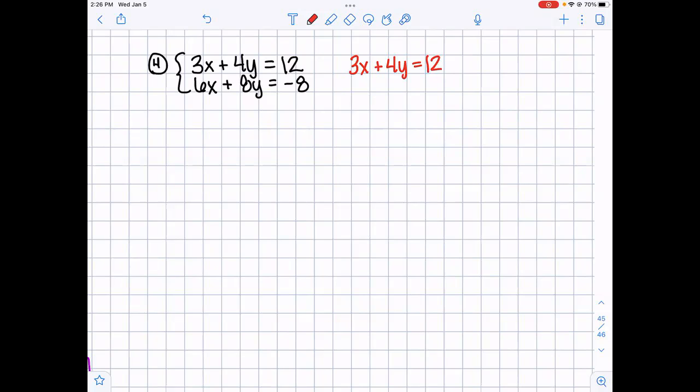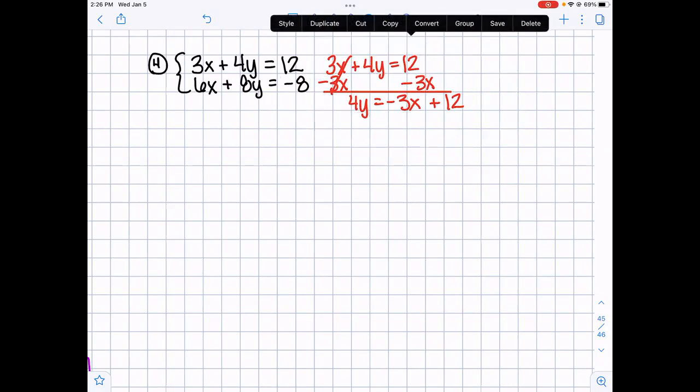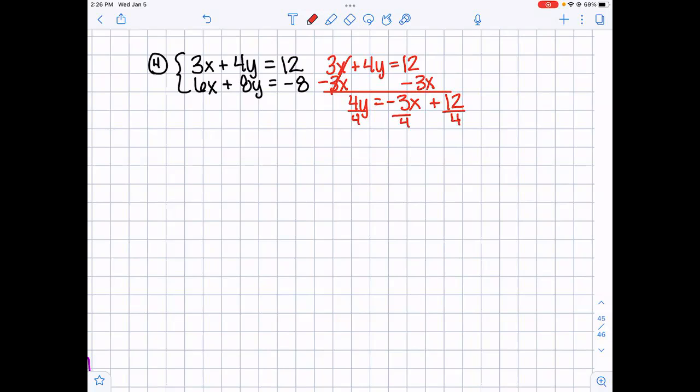Subtract 3x, because you want to keep the y on the side it's on. 4y equals negative 3x plus 12. Then what do I need to do? Divide everything by 4. We did a very similar one. y equals negative 3/4 x plus 3.